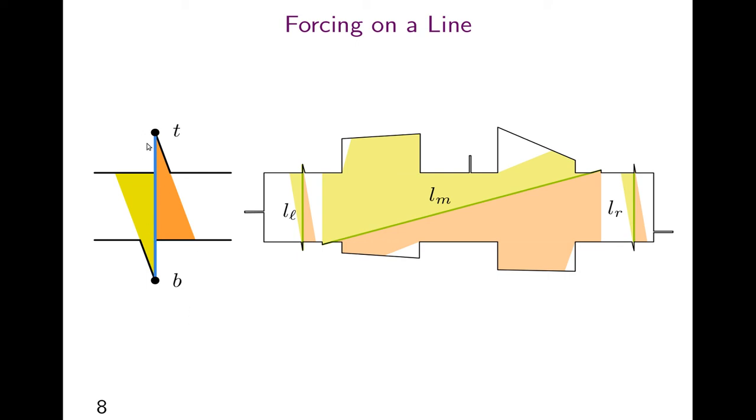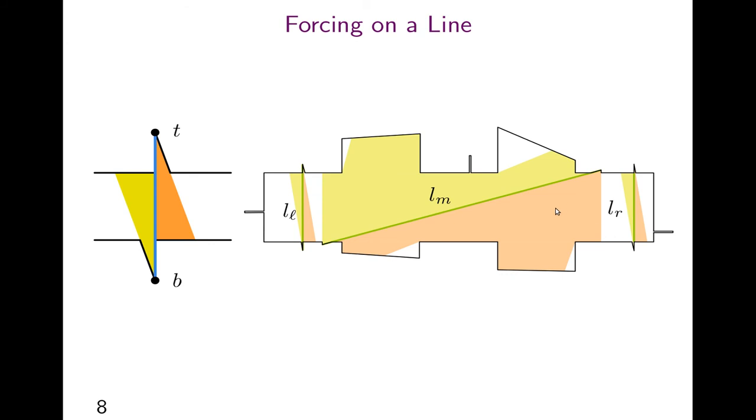Thus, if we want to see this point and that point simultaneously, we need to be somewhere on the line. And this is kind of what we mean by we force the guard to be on that line. So we do this 3 times, and then we force a guard on that line. And note that these regions here are all pairwise disjoint, otherwise this thing would not work.